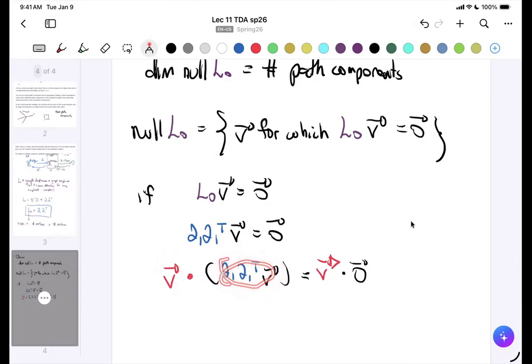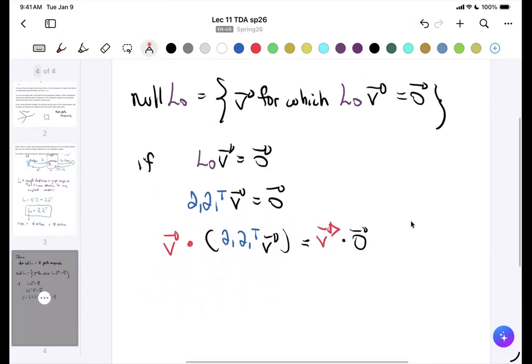So the magical property of the transpose is that you can move one of these matrices to the other factor, but the price for moving it is to transpose the matrix. So you can move the matrices between the factors, which is a very useful thing.